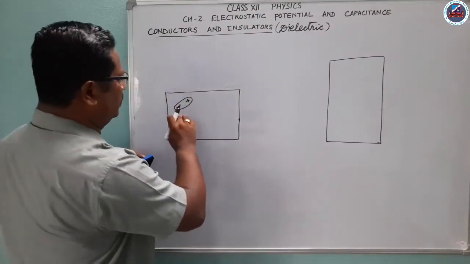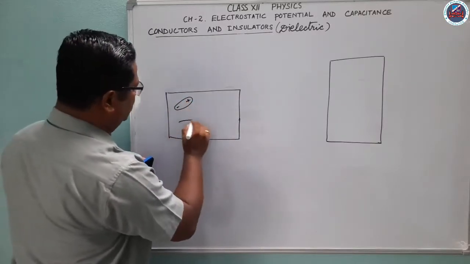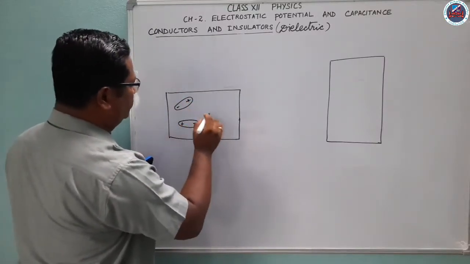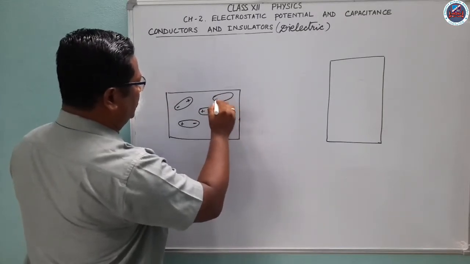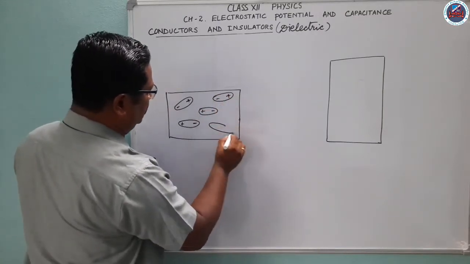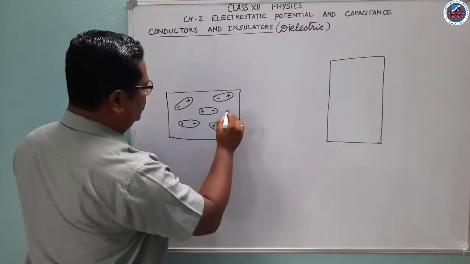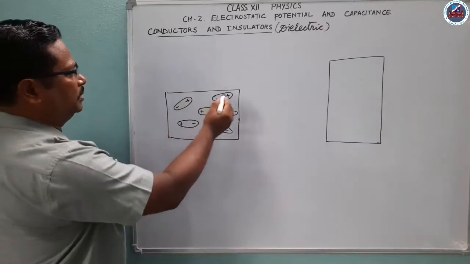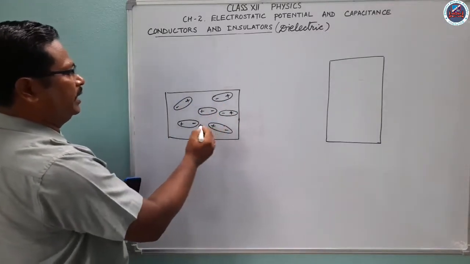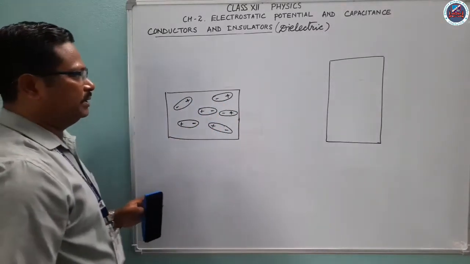They are bound to each other, one negative charge with one positive charge: here positive, then negative, then positive, then negative, and so on. Like this, they are all bound to each other. They don't have any free electrons with them in dielectrics.